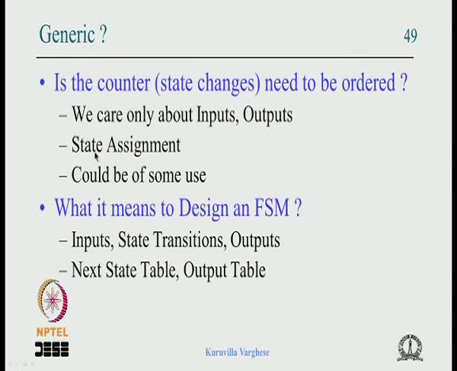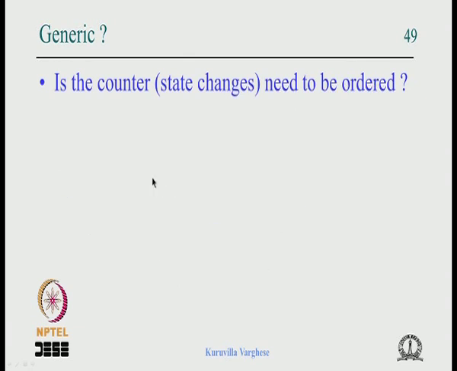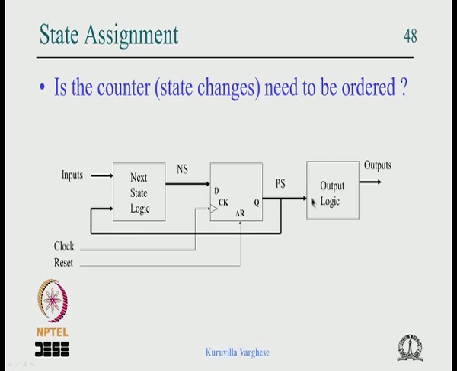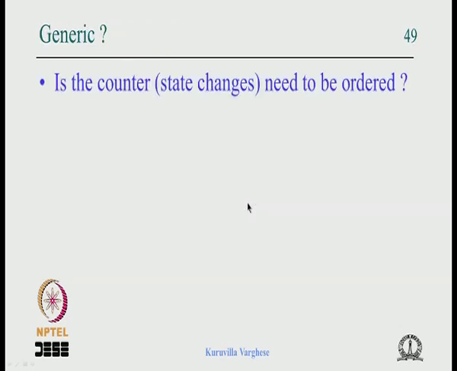So we have a step called state assignment. When we normally work, we work on symbolic states, and at the end we assign numerical states, and this can be done manually by the designer, or tools can do it. Maybe you can do state assignment in such a way that one of these logics is minimized. Sometimes it is used to solve some timing issues. All that we will see later as we progress.